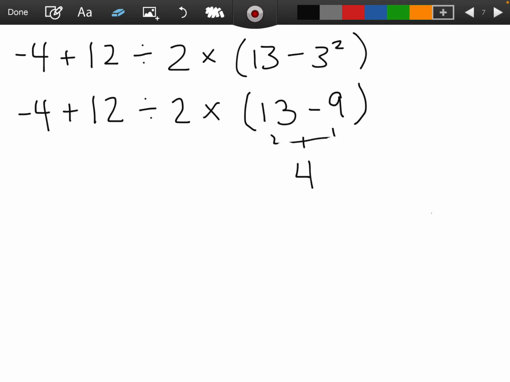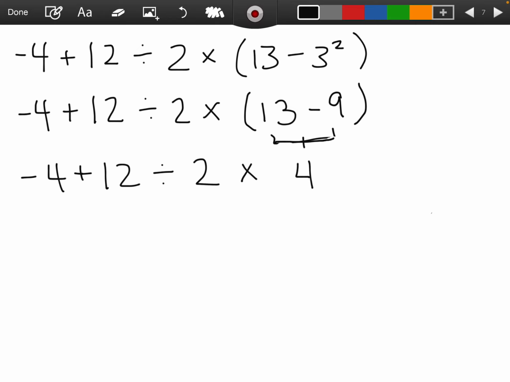So we're just left with 4. We bring down the rest of the problem. So now we're left with negative 4 plus 12 divided by 2 times 4.